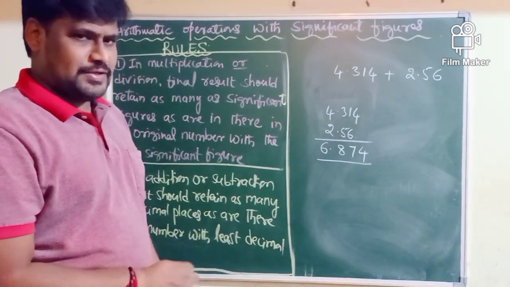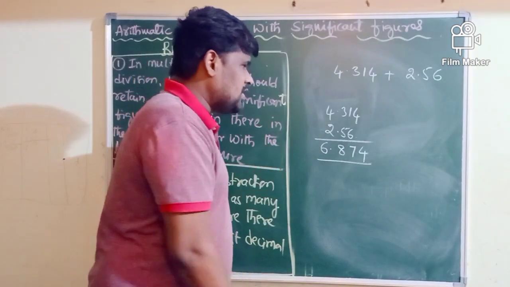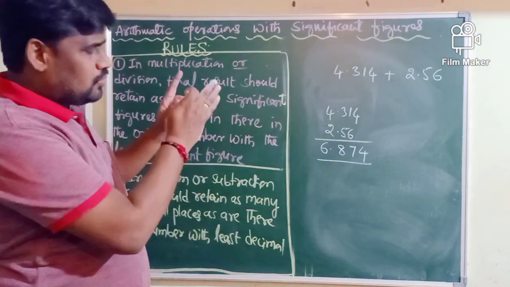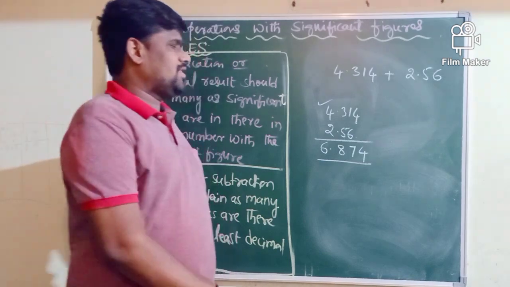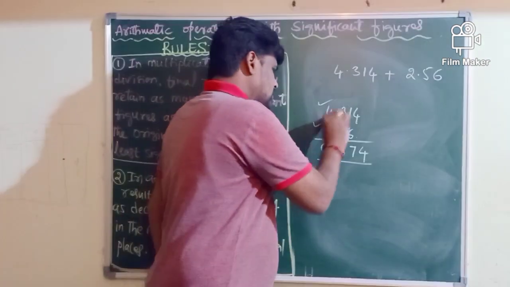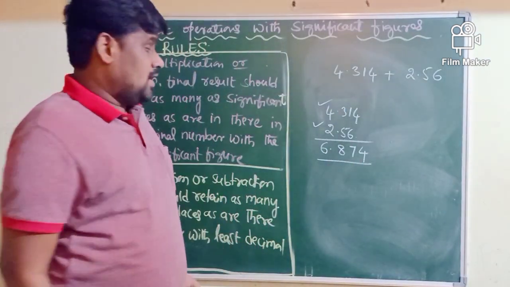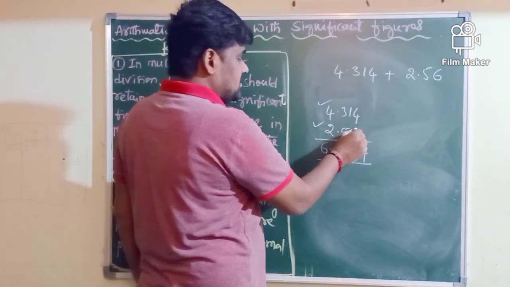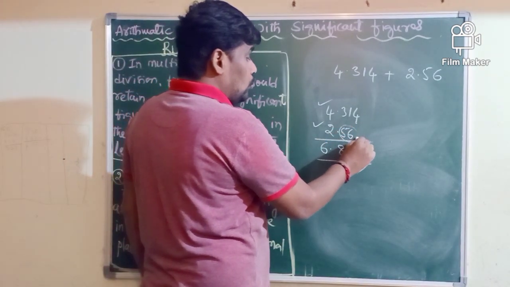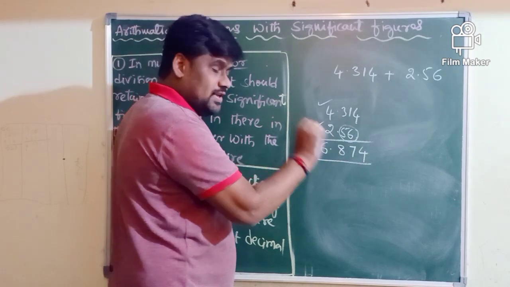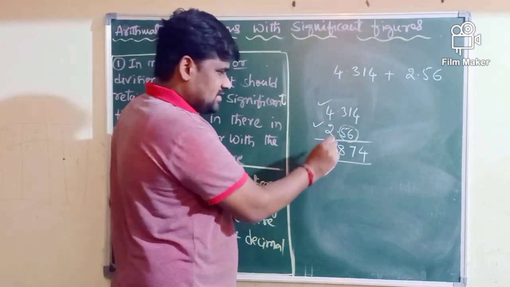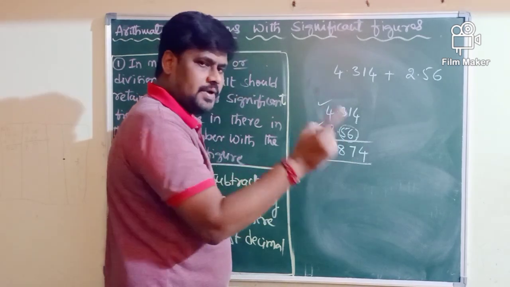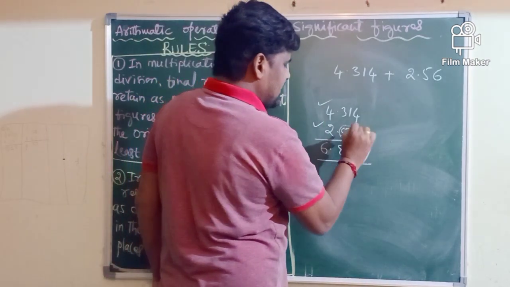How many significant figures should we take? We have to look at the original numbers. First original number is 4.314. Second original number is 2.56. This 2.56 has two digits after the decimal point, 5 and 6.